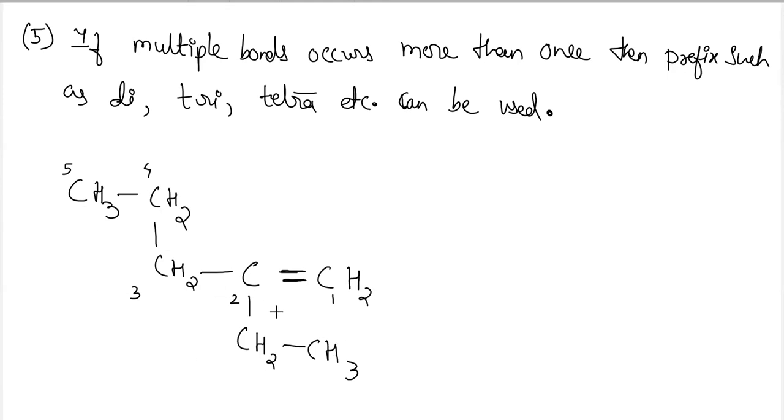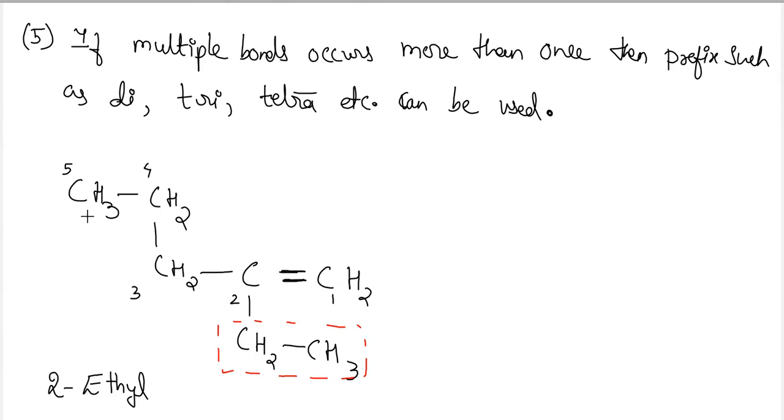Now in this chain, these two carbon atoms are acting as a substituent group. So the name of this organic compound will become 2-ethyl. In the prefix, the substituent group will come, and the substituent group here is ethyl.